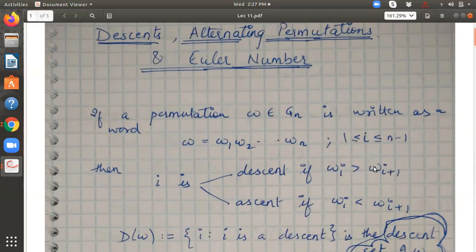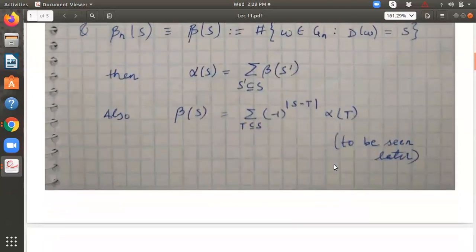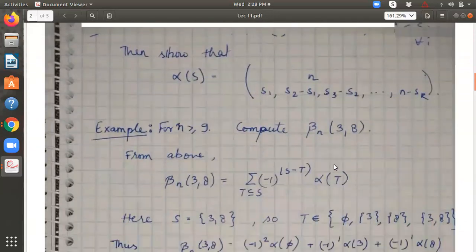If it is not in the set, then the next element is larger. When you compare elements here, these are the only two possibilities for the inequalities. You cannot have Wi equal to Wi plus 1. So either this is satisfied or that is satisfied. So elements which are not in the descent set are automatically the ascents, isn't that so? Yes. So we take this one notch up and notice.